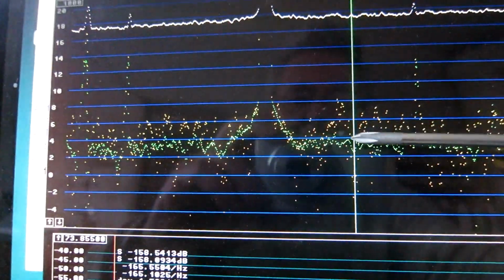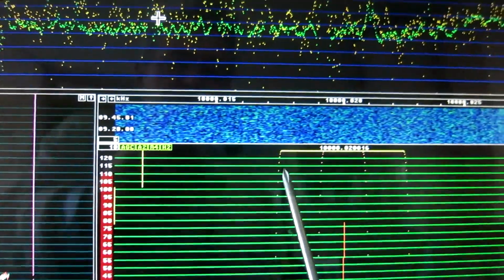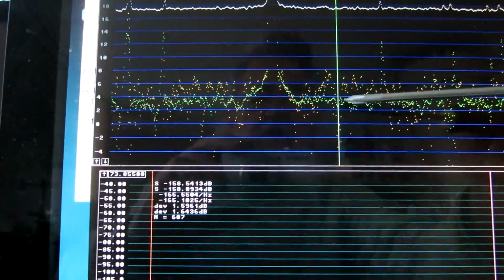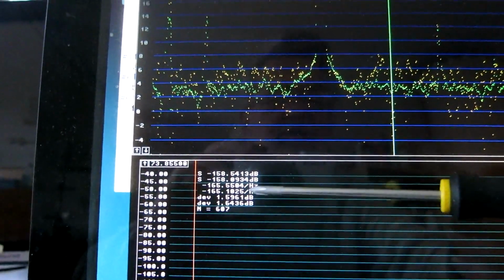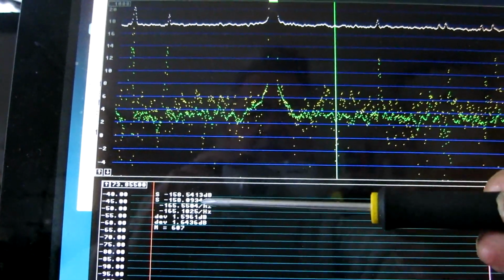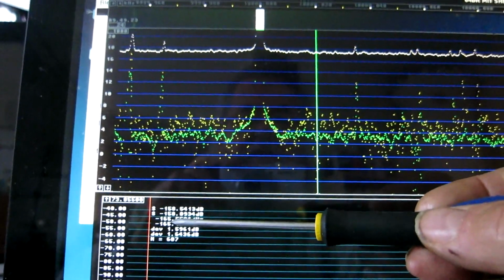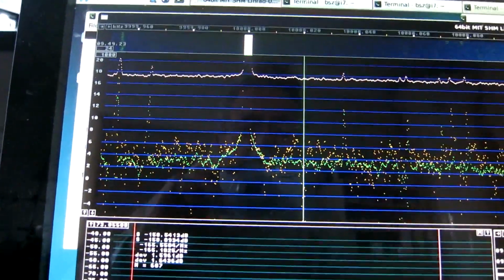That's the separation between the green track and the white track within this selected bandwidth. So it means that the green trace is at minus 165 minus 14. Sorry, minus 14 means minus 180 dBc per Hertz, approximately.